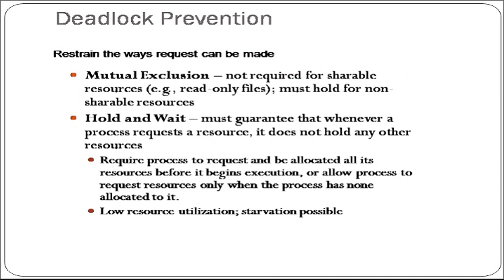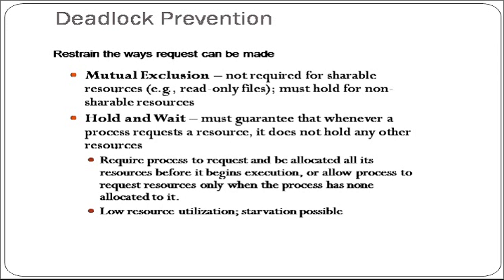First is deadlock prevention. In deadlock prevention, we will check that all 4 necessary conditions for deadlock to occur will never happen. That is, the 4 conditions are mutual exclusion, hold and wait, no preemption and circular wait. Now first one is mutual exclusion.